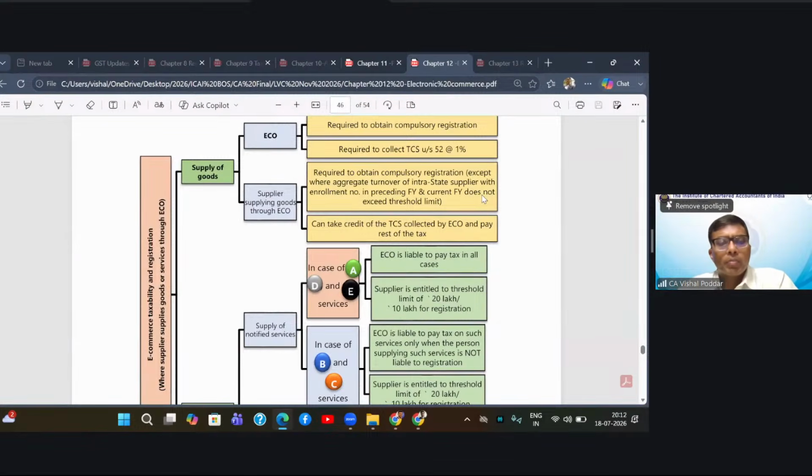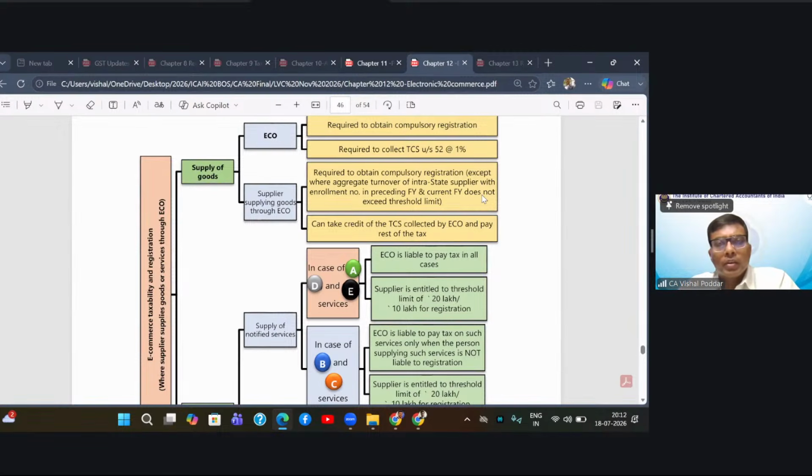So if the supplier of the goods is going to make supply only within the state through the app, then it can take the benefit of the limit of 20 lakhs or 40 lakhs, whatever is applicable. Accordingly, it can do the registration only after its turnover exceeds the limit. So the point is that the supplier of the goods should be only making intrastate supply. In that case, it need not take the registration immediately.